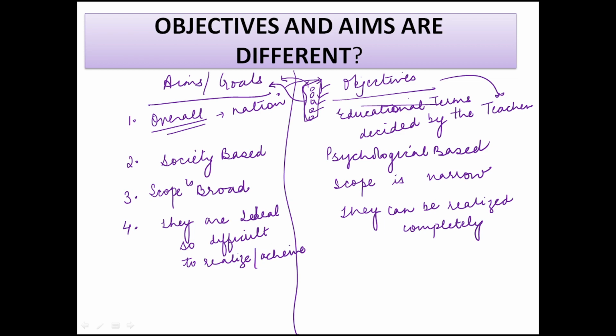Now the fifth one is that aims are changeable. As per the need of the nation, we can change our aims and goals for the citizens. And objectives are always definite by nature, because we always make the objectives before teaching any topic in the classroom.